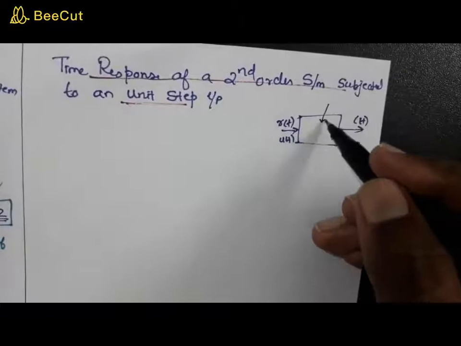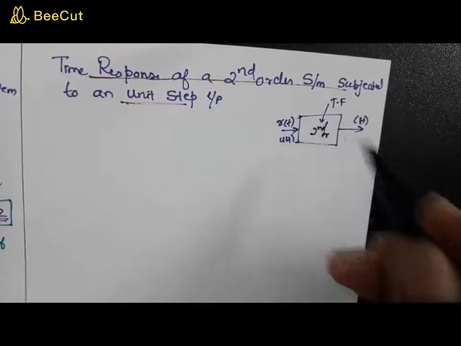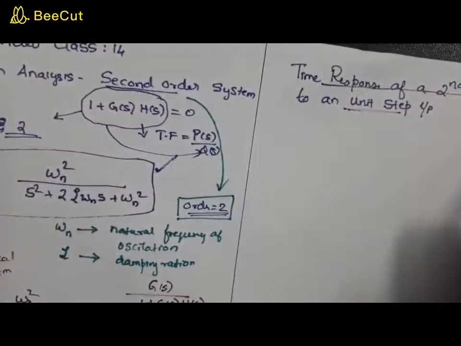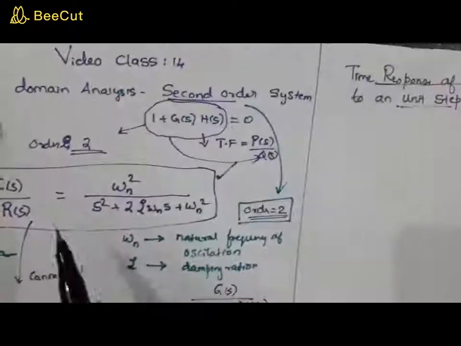You know the transfer function, and the second order system transfer function is already given. If you know the transfer function and the input, you can find the output from this transfer function.